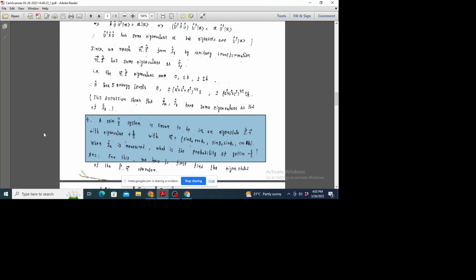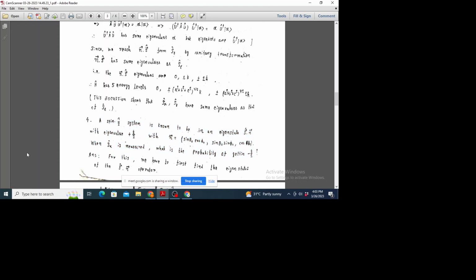So we have to find the probability of getting minus h cut by 2 when we measure Sx, given that the system is in an eigenstate of S dot n with eigenvalue plus h cut by 2.